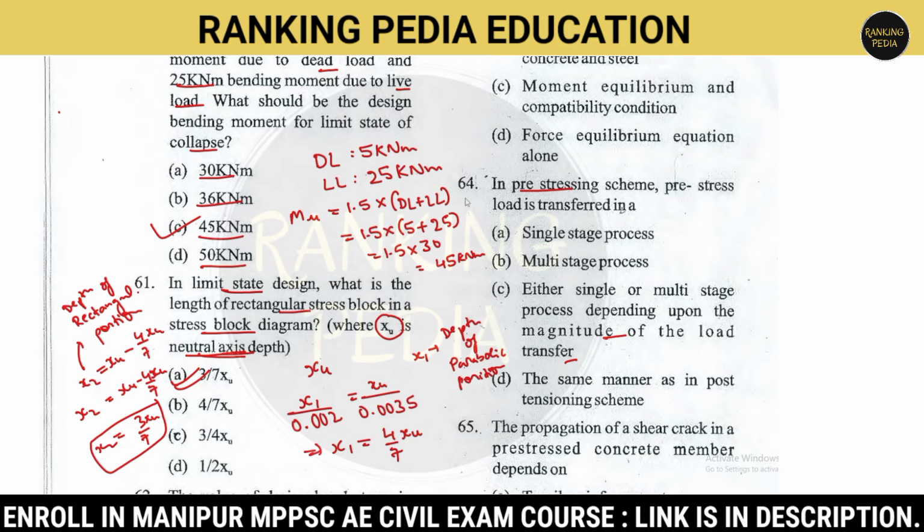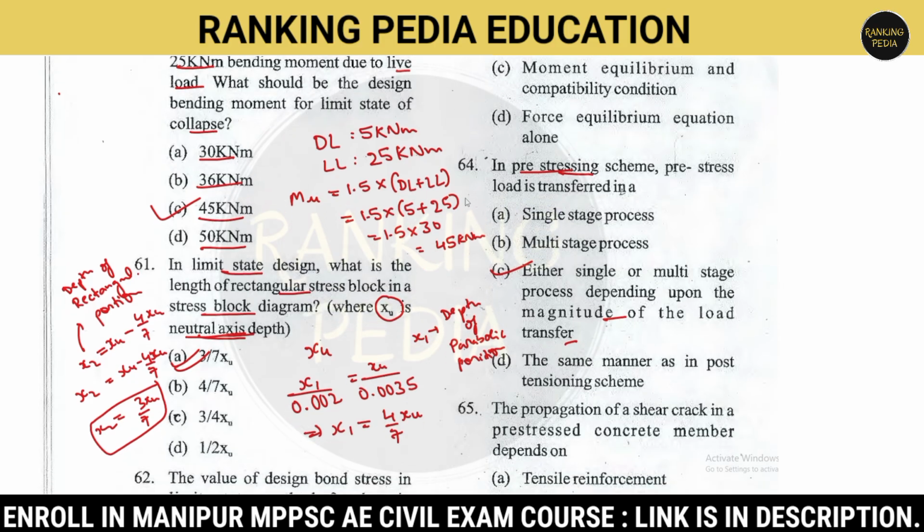So which one is correct? In a pre-stressing scheme, the pre-stress load is transferred in either a single or a multi-stage process depending upon the magnitude of the load transfer. So option C is correct.